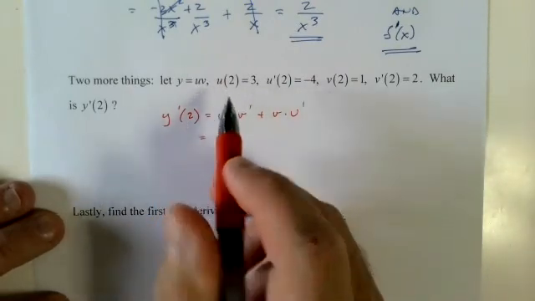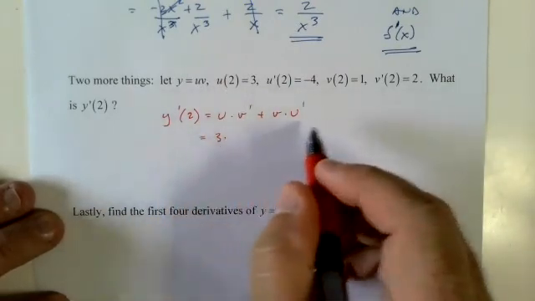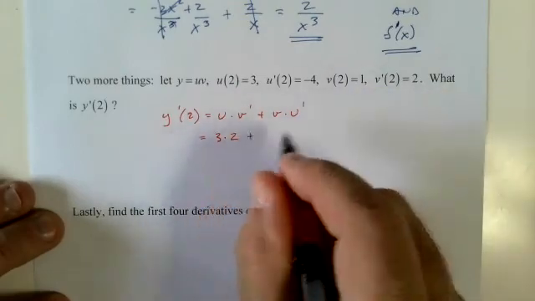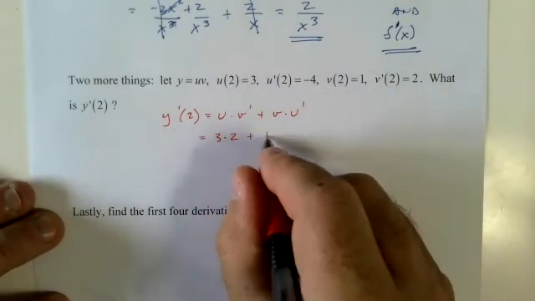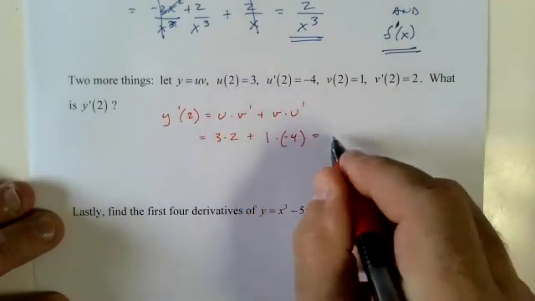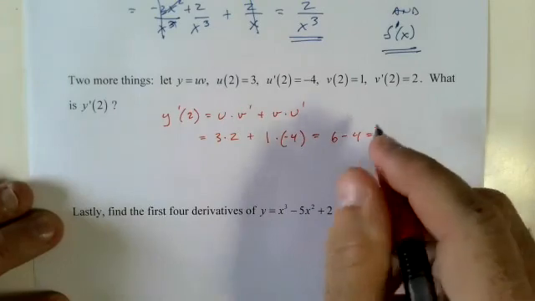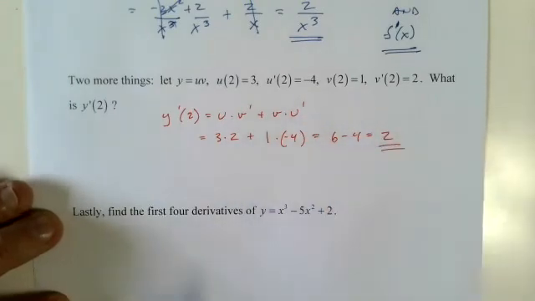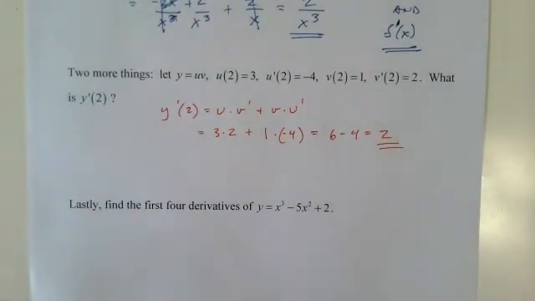Okay, u of 2 equals 3, v prime of 2 equals 2, v equals 1, u prime of 2 equals negative 4. 6 minus 4 equals 2. So they just put this in there so you can't use your calculator, and then they mess with you to see if you know what you're doing.